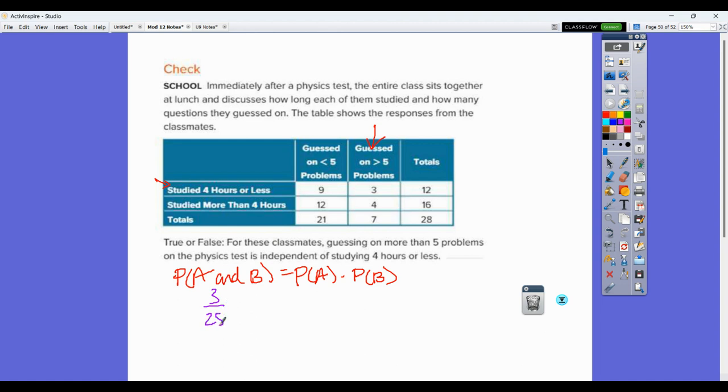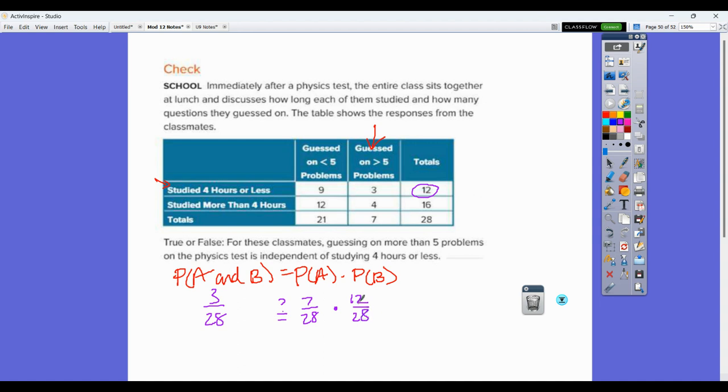So it'd be 3 out of 28. And we want to figure out if that's equal to the probability of A, so guessed on greater than 5 problems are 7 total, so that would be 7 out of 28, times the probability of B, studied 4 or less hours would be 12 total, so that'd be 12 out of 28.